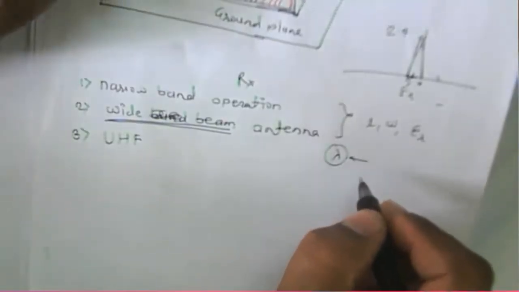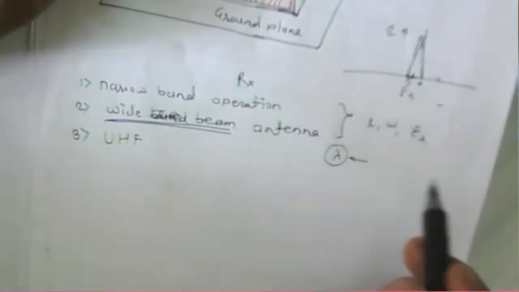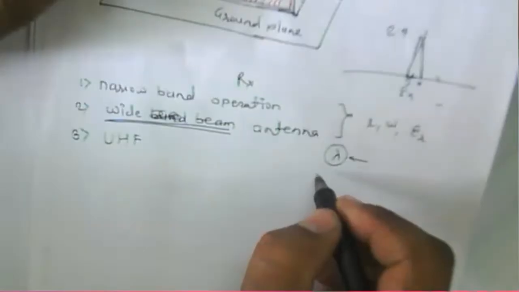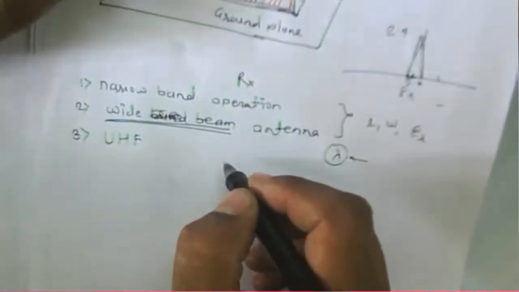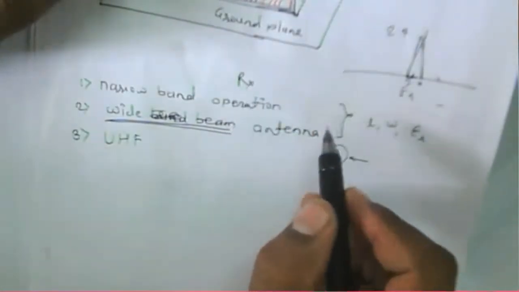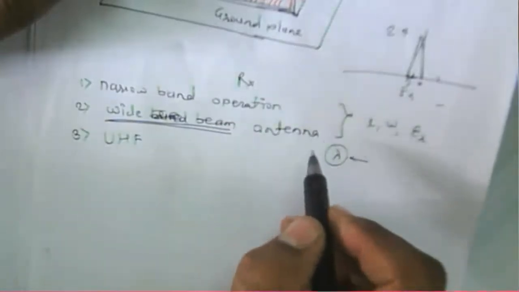Similarly here we have a square shape or rectangular shape or any other shape. If the size is small, the frequency will be large. According to that we can find out what will be the size and what will be the operating frequency, because the size of the antenna is directly related to the resonant frequency, or directly related to the wavelength.